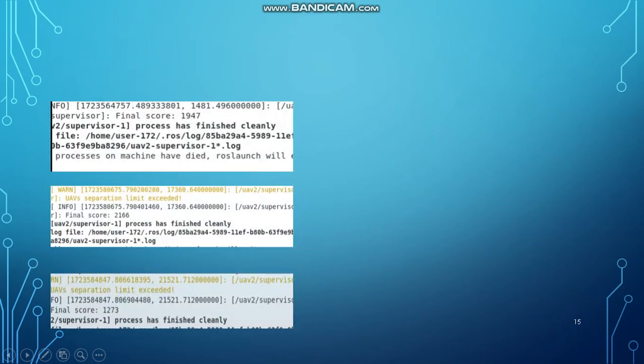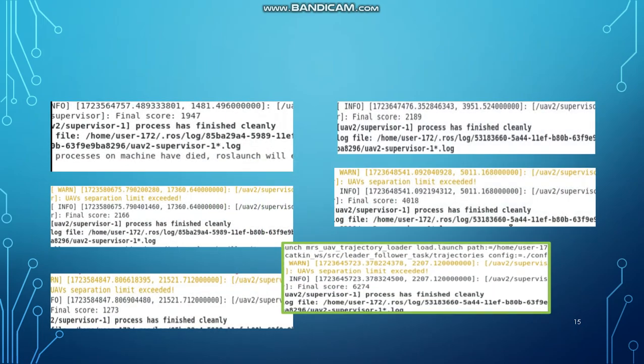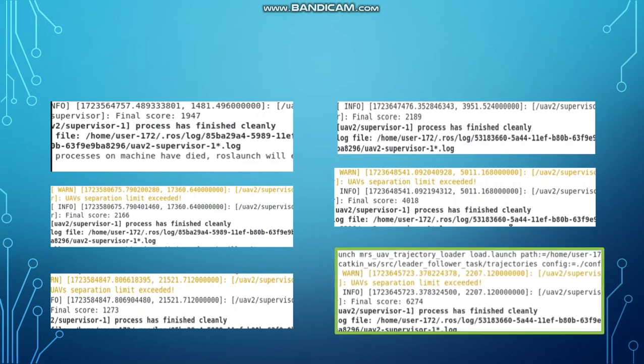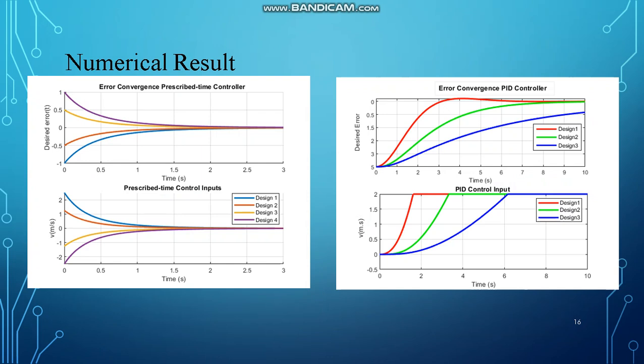These are the scores that I obtained along this task. I put some of them, and one of the highest, and I put some numerical results to make the performance of the controller more evident. That's how it works.